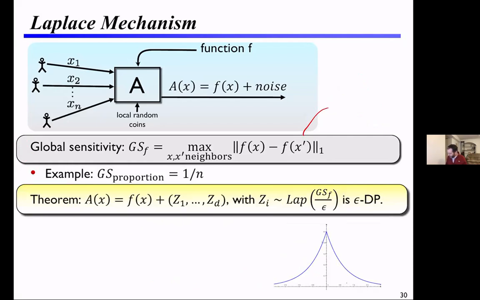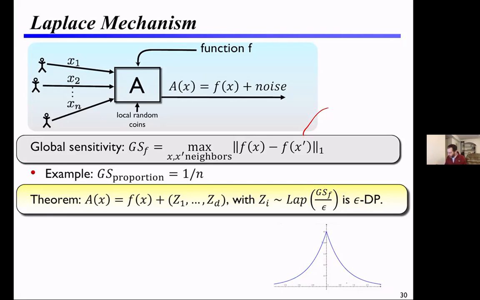So the theorem is that the following algorithm is differentially private. We can take our function value, so that's a vector, and add independent noise to each entry of this vector according to what's called the Laplace distribution.